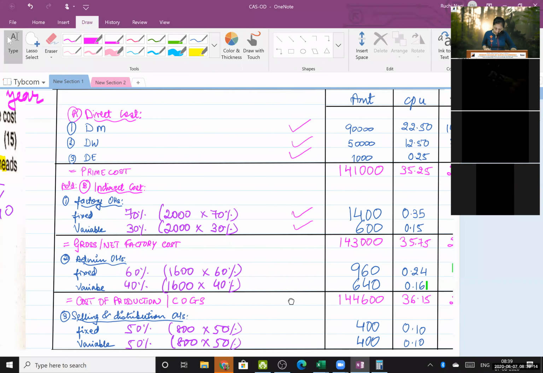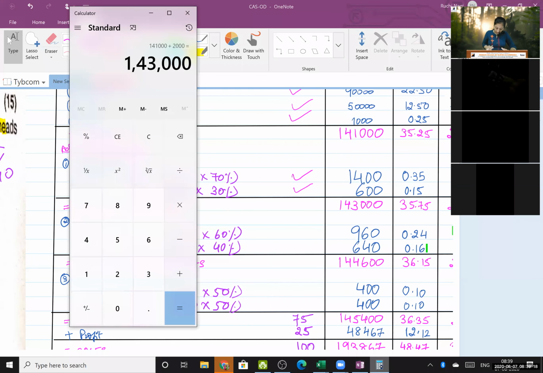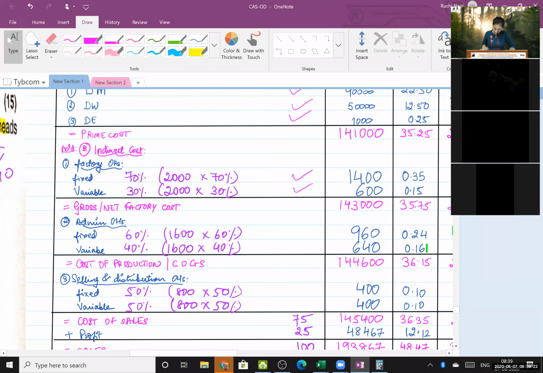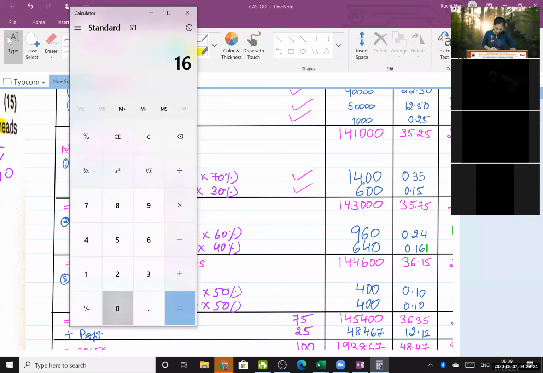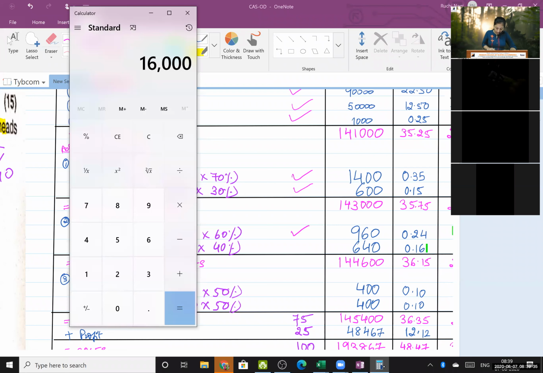Next, admin overheads. How much is it? 1,600, yes. 60% of 1,600 is fixed, they are saying, so 960. And 40% of 1,600 is variable, so 640.